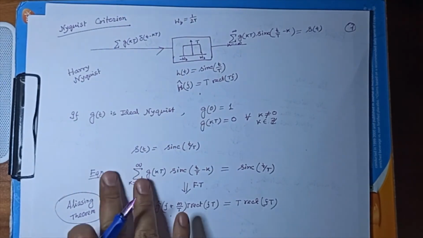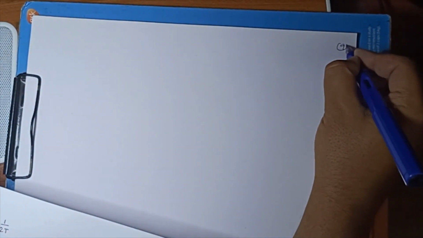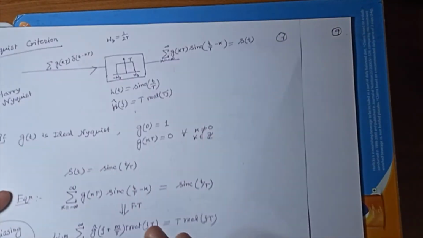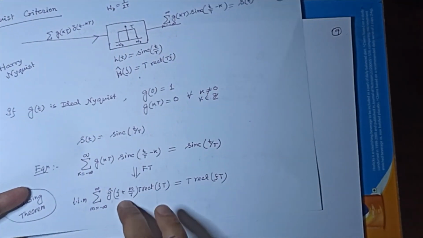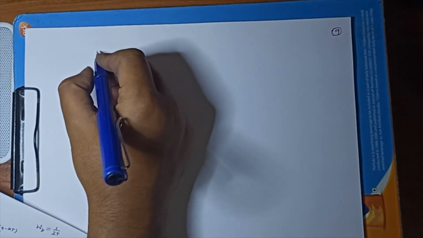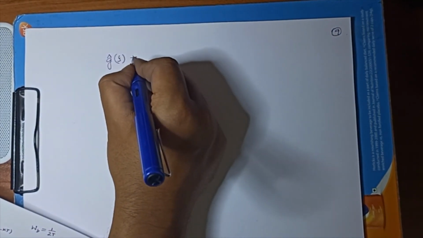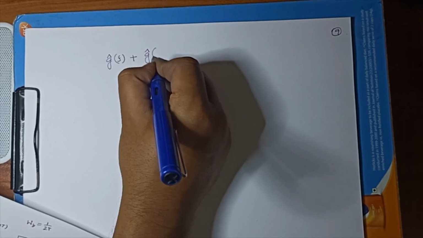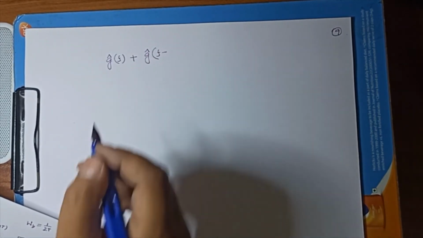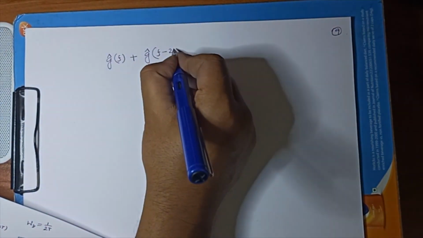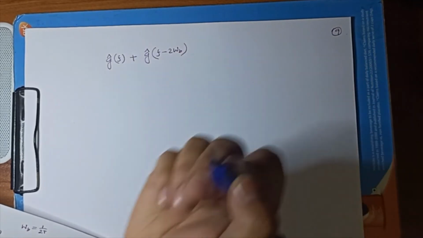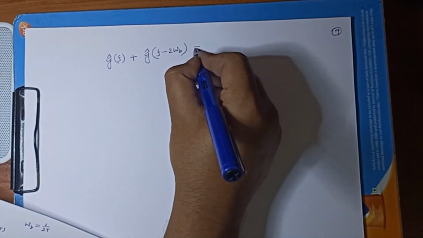We can now write down this equation with 2 values, m is equal to 0 and m is equal to minus 1. So you will get G hat F plus G hat F minus 1 by T is basically 2WB is equal to 7.